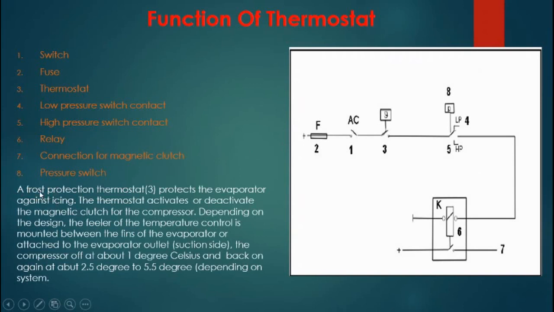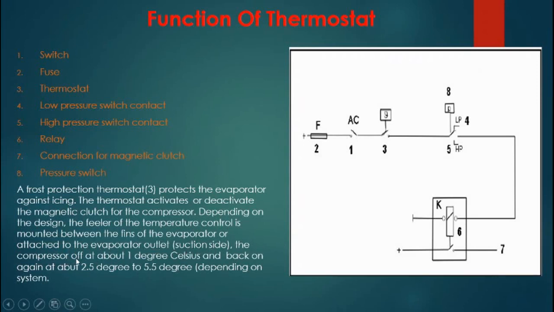So what is the function of the thermostat? It is called a frost protection thermostat. Its work is to protect the evaporator against icing. The thermostat activates or deactivates the magnetic clutch for the compressor, depending on the design. The temperature sensor is mounted between the fins of the evaporator or attached to the evaporator outlet on the suction side.